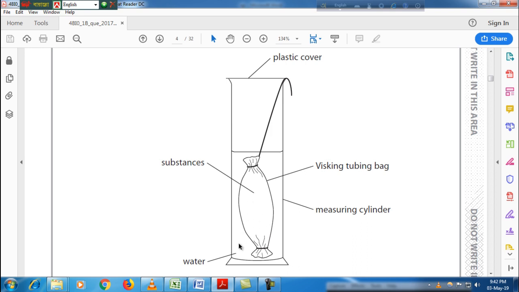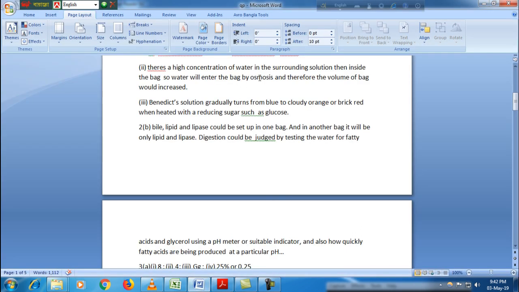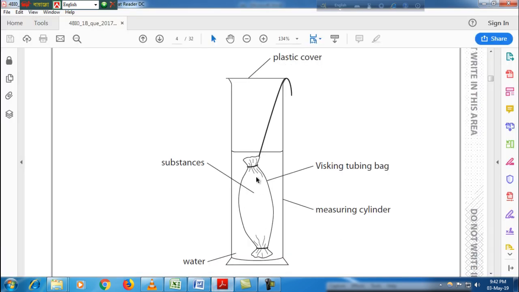So water will move into the bag by a process called osmosis, and therefore the volume of the bag would increase. So we know what osmosis is. Osmosis is a process where the water will move from high concentration to low concentration.